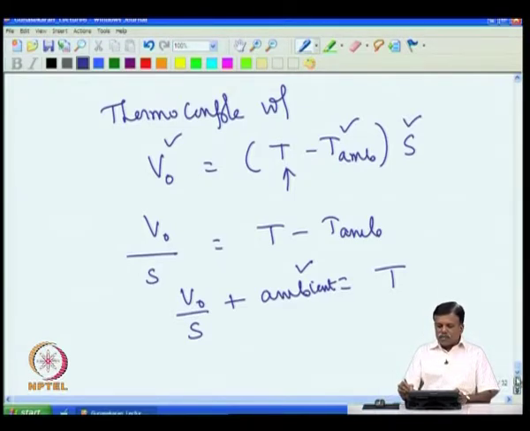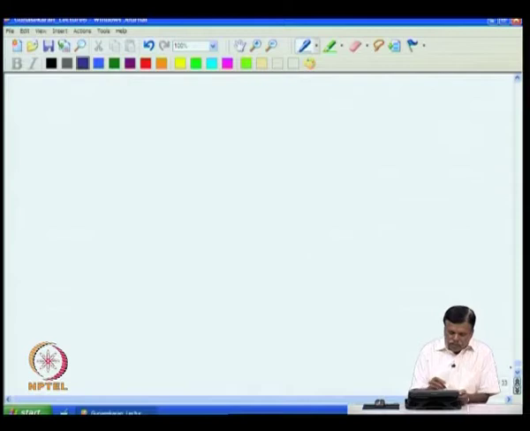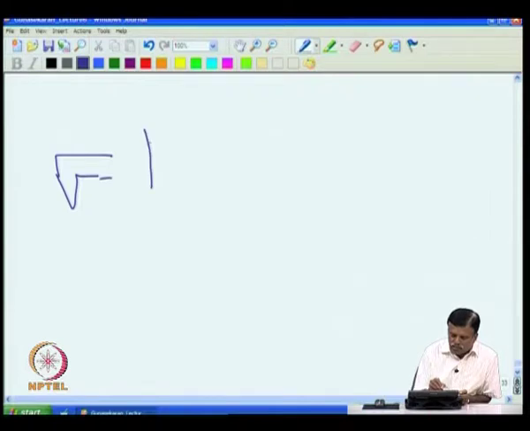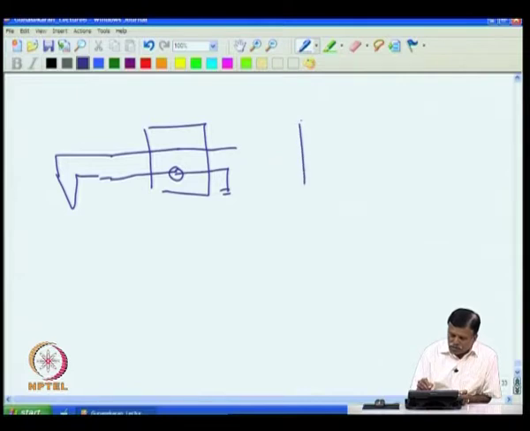So, what is normally done is you take the single junction thermocouple and terminate it in an isothermal block. Of course, it is isolated. Then normally you ground this, take the other input, and get it amplified.